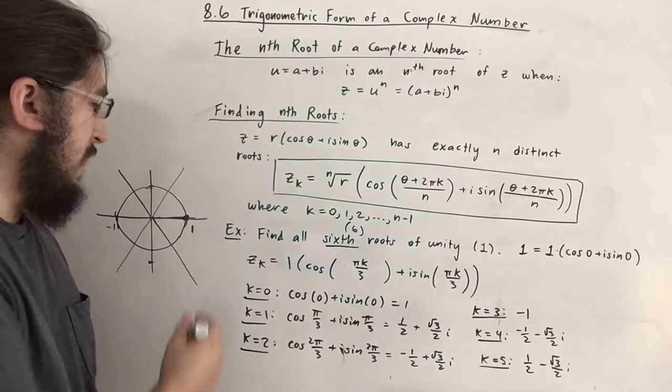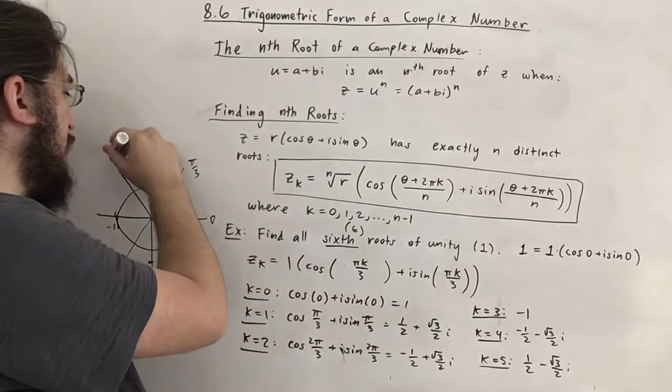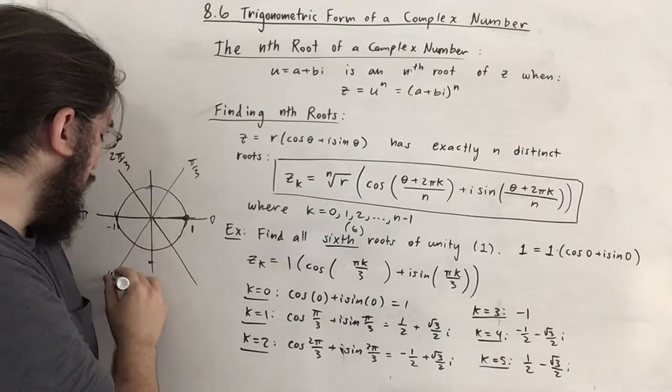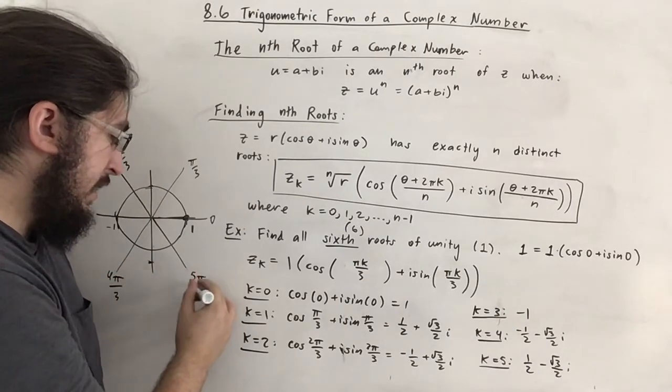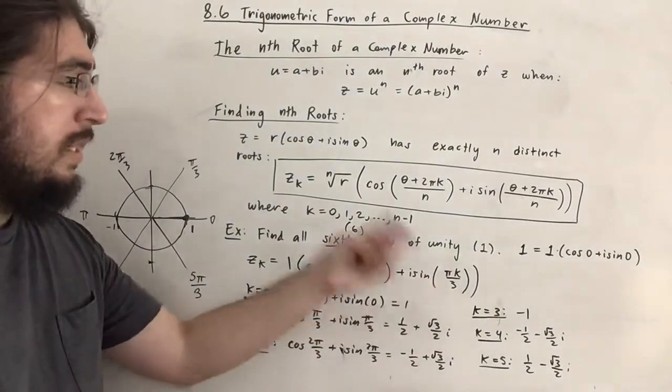So the angles are, in radians, 0, pi over 3, 2 pi over 3, 3 pi over 3, which is pi, 4 pi over 3, 5 pi over 3. And notice we didn't plug in k equals 6. The reason why is because if you do, it's equivalent to 0.